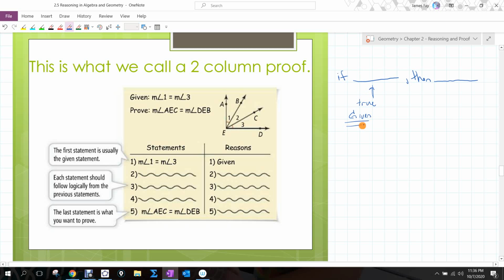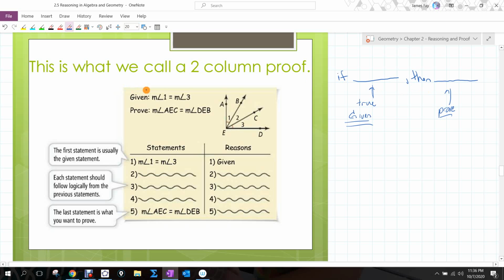We know that to be true. That's happening in front of us. Can we prove the conclusion? So in an if-then statement, the hypothesis is going to be your given for a proof, and the conclusion is going to be the actual prove statement that you're setting out to make an argument for.